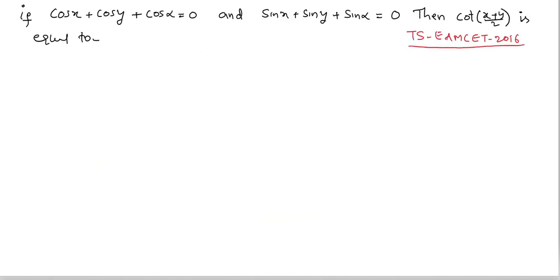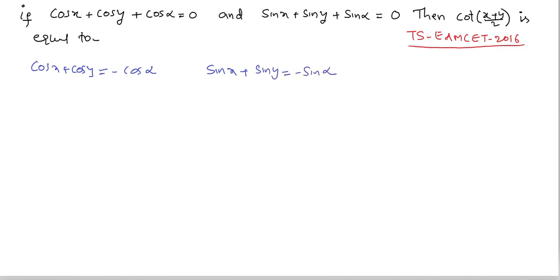If cos x plus cos y plus cos alpha is equal to 0 and sin x plus sin y plus sin alpha is equal to 0, then cot of (x plus y) by 2 is equal to? This is TSMCET 2016 question. Here it is given cos x plus cos y is equal to minus cos alpha and sin x plus sin y is equal to minus sin alpha.